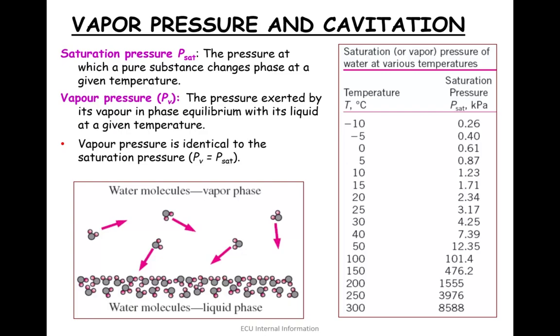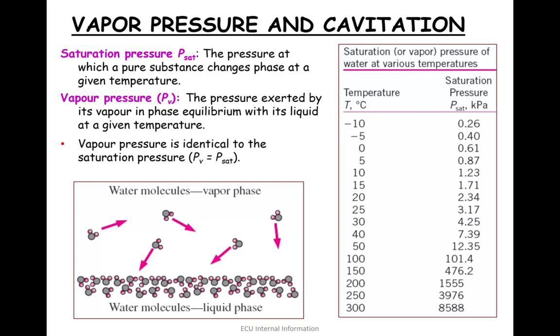Now, if you want to have a sense of what is meant by vapor pressure, if you have a kettle and you let it boil over the heater, then after some time, if the lid is loose, you will see that the water gets warm inside the kettle and vapor goes up, but it is still not in a state of saturation.